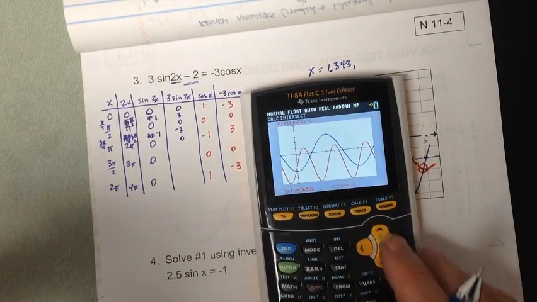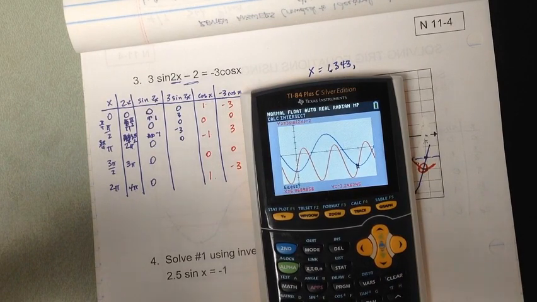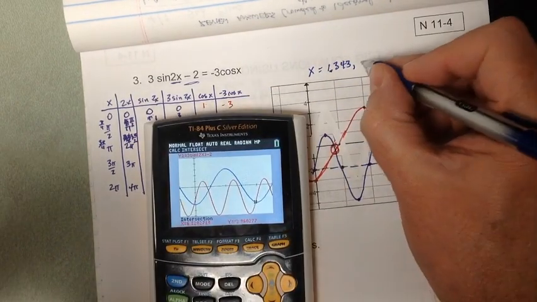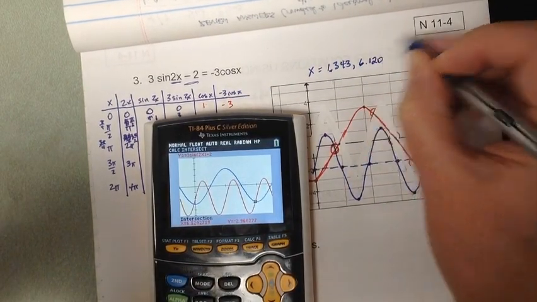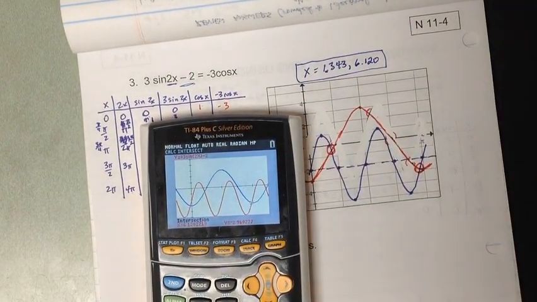Second trace 5. Now I'm moving down here. 1, 2, 3 times, and my intersection point is 6.120. And there we go. Those are my 2 points of intersection. Okay?